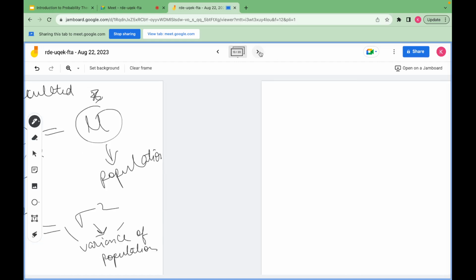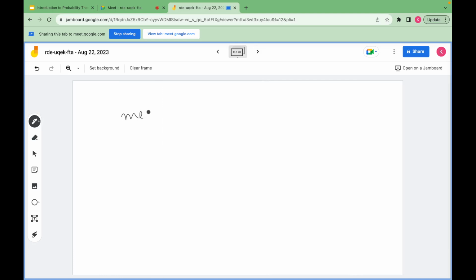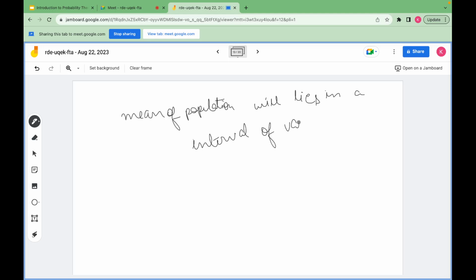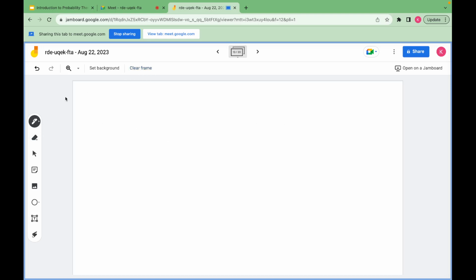The mean of the population will lie in an interval of values, so both mean and variance will lie in an interval. For that we will define a confidence interval.